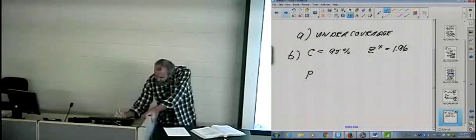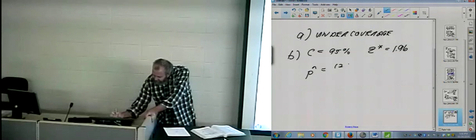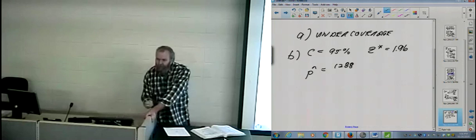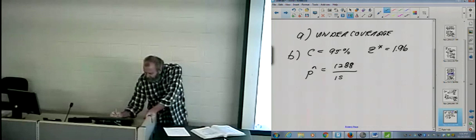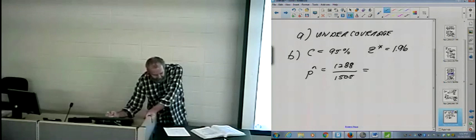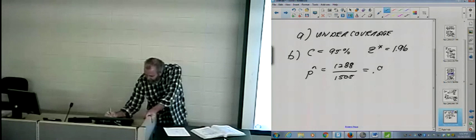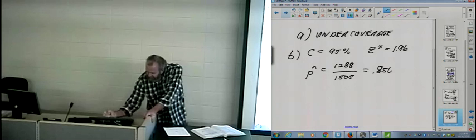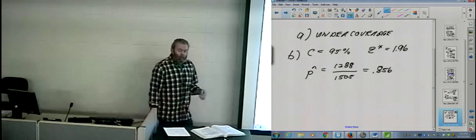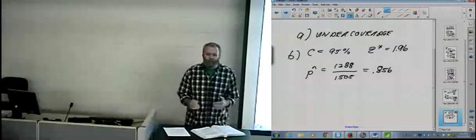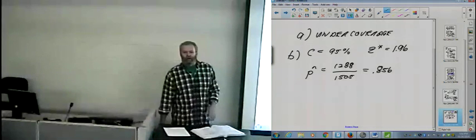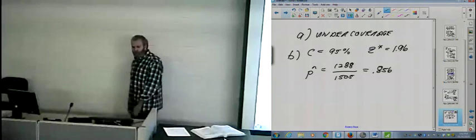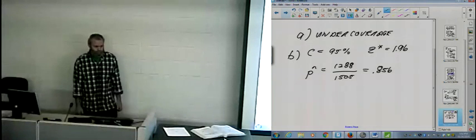My p-hat is always the number of successes, the number that agree, divided by your sample size. You punch that in the calculator, and I get 0.856. Now look, normally when I'm working with things in this chapter where it's all about proportions, I usually give myself 3 decimal places just to be sure. Okay?